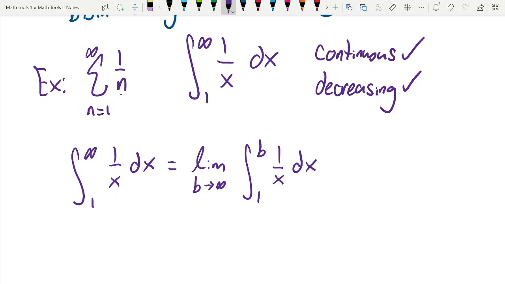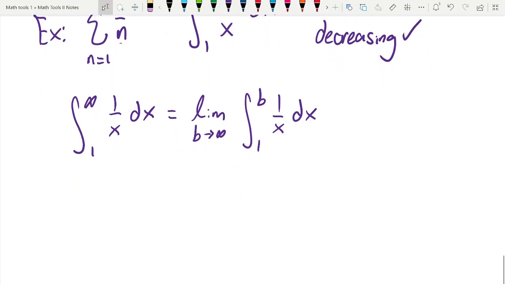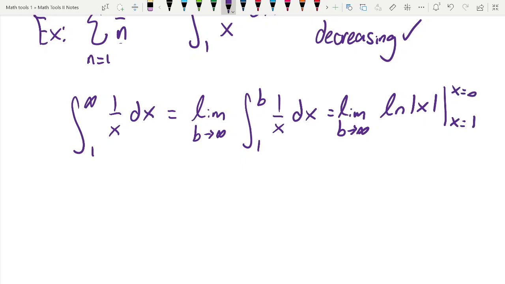Okay, so we just change out the bound with a dummy variable, and then we take the limit as that variable goes to infinity. So this will be the limit as b goes to infinity of the natural log of x from x equals 1 to x equals b.